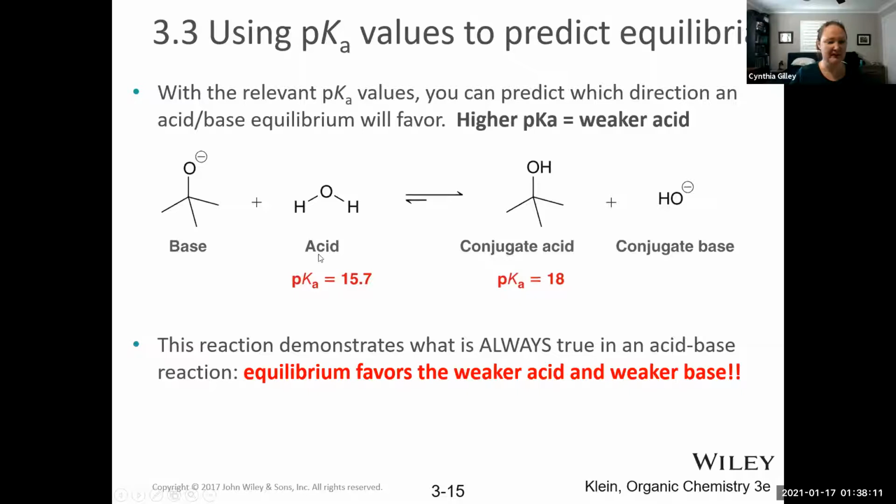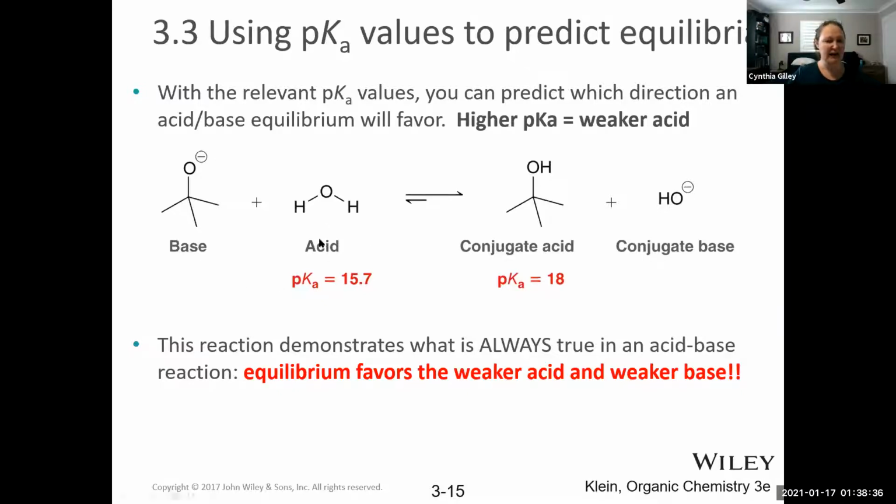Recall that the acid is a proton donor and the base is a proton acceptor. That's the Bronsted-Lowry definition of an acid and base. We also briefly last semester talked about the Lewis definition of an acid and base, and I won't review that here because we will review it during this semester.